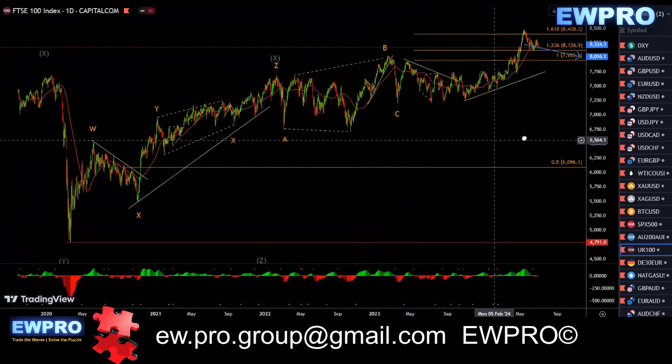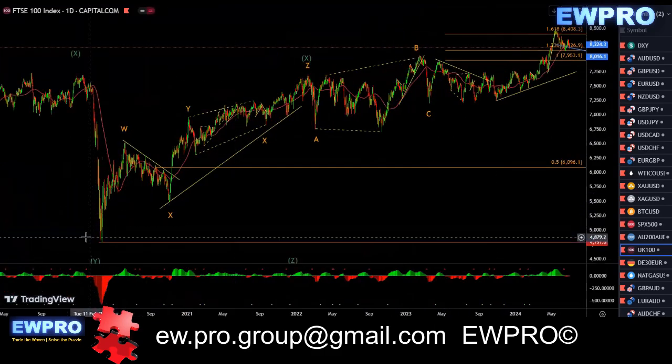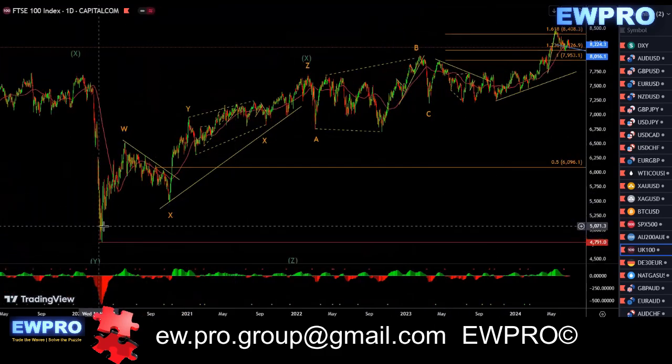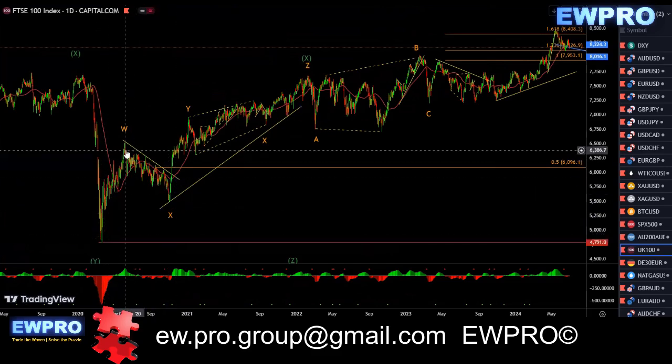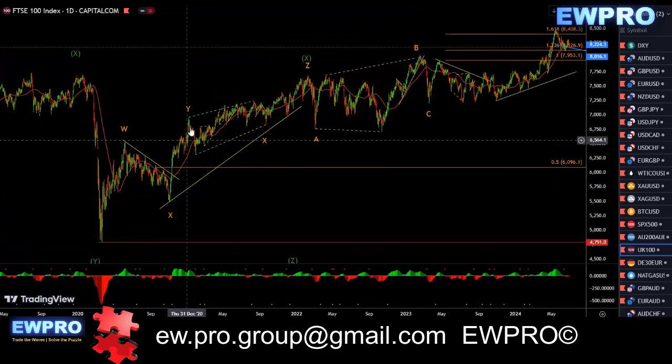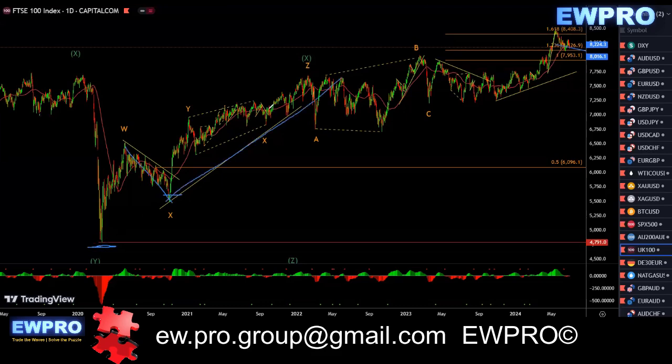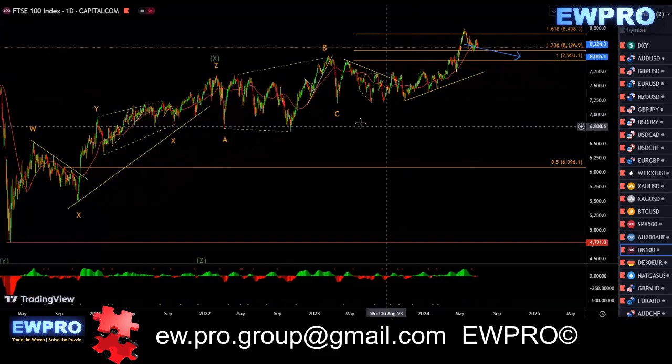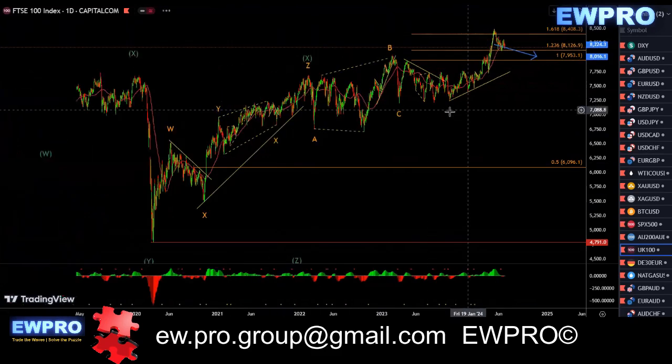You really got to get on to the end of a structure, and like here, we got that impulse up, this looks corrective. Well, you get on in here and you just stay on it. If you get in somewhere here in this correction, you have your stop down here and you just keep it. That's how you trade these really choppy pairs. You're really trading them as an investment long term.